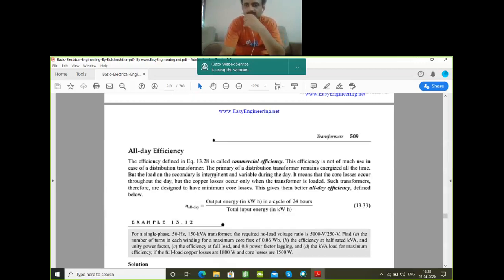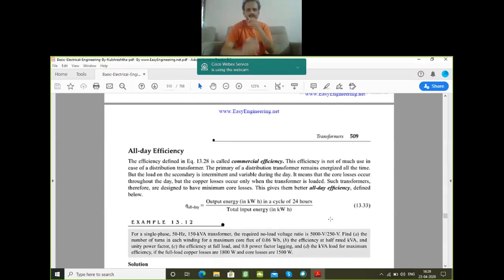So we define a term called all day efficiency. It is the ratio of the output energy in a cycle of 24 hours, in kilowatt hours, divided by the total input energy, also in kilowatt hours.